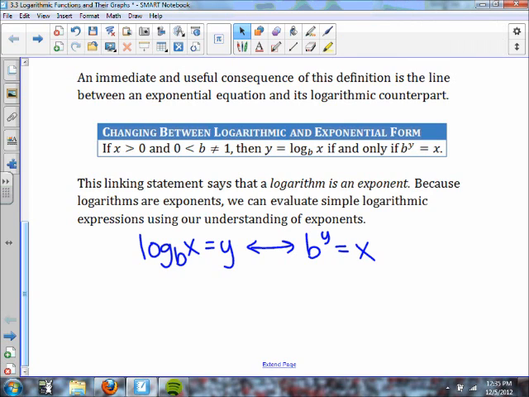Really, we're taking the base to the y power, and that's going to equal x every single time. It's a super easy thing to work on. You should have covered it last year in algebra trig, correct? So it shouldn't be anything new to you.